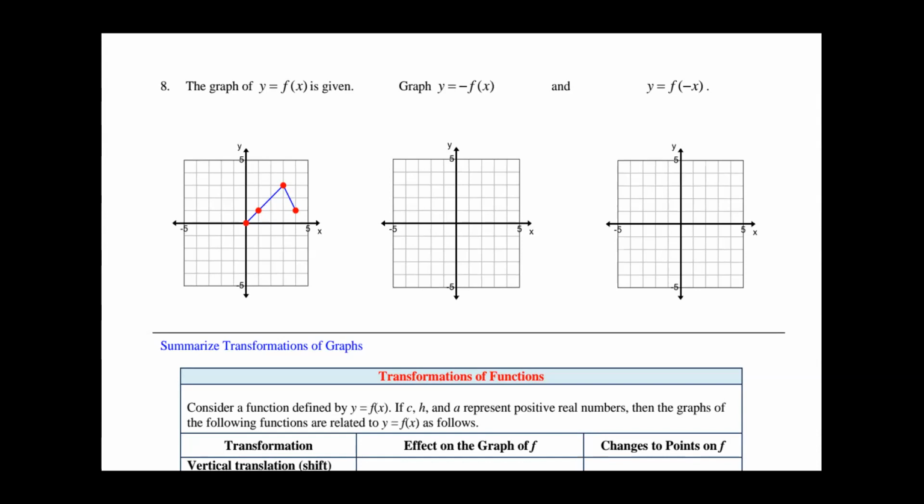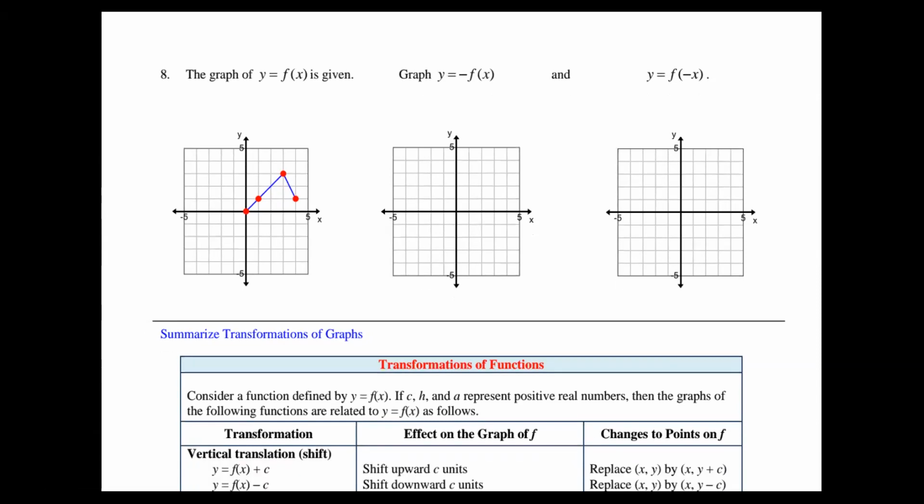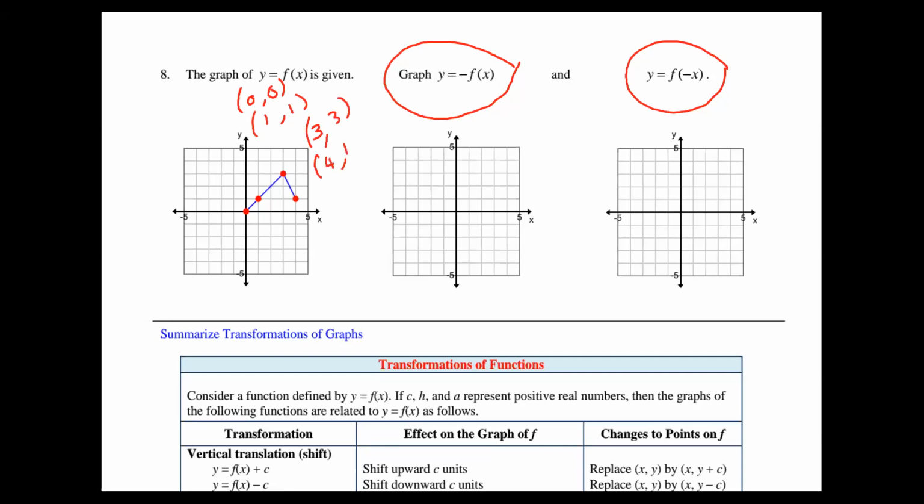So for example, we are given this function, we have to graph y equals -f of x, and then we have to graph y equals f of -x. What that means is first you have to get the points. So the points in this graph are 0, 0, 1, 1, then 3, 3, and 4, comma 1.